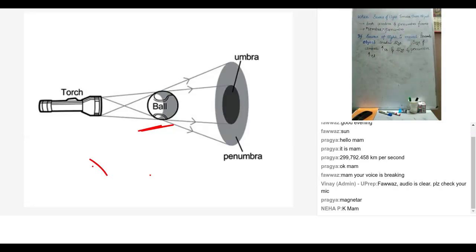Ma'am, then still the umbra will not be higher than the penumbra, right? Even now also, umbra will have a bigger size than penumbra.